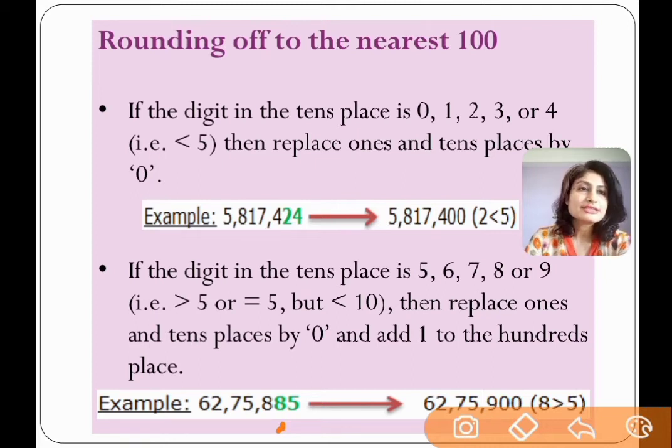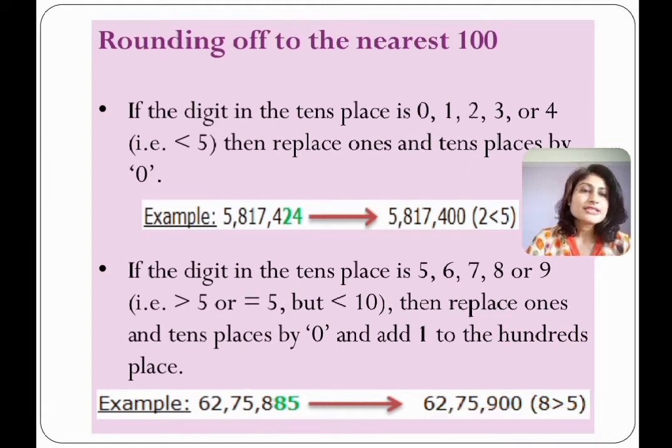So we replace 8 and 5 with 0 and we add 1 to the 100 position. So here it is 8. 8 plus 1 is equal to 9. So our answer is 62,75,900.